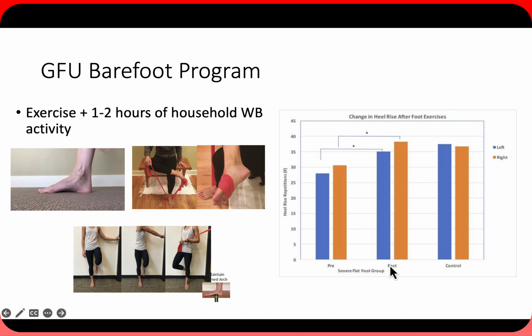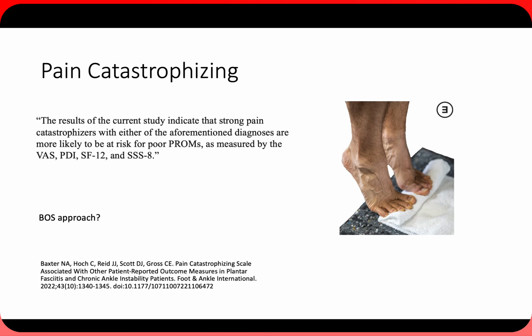And this is the pre-post change in their heel rise ability on the left and right. And you can notice that even though we didn't train the heel rise at all, we saw an increase of like 5 to 10 reps that was statistically significant. So just more affirmation that training the foot actually can help function proximally at the ankle.